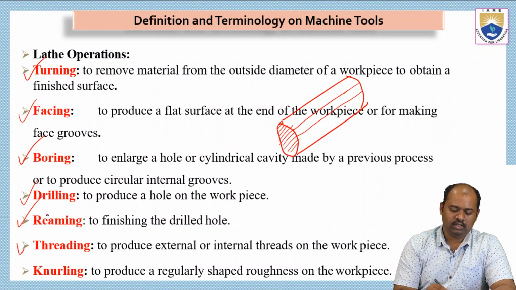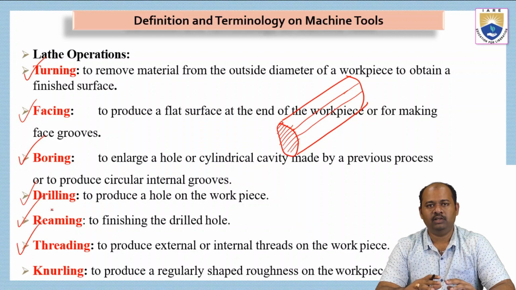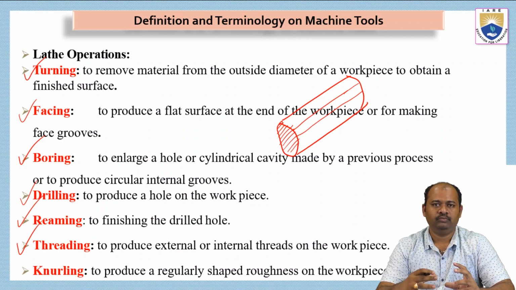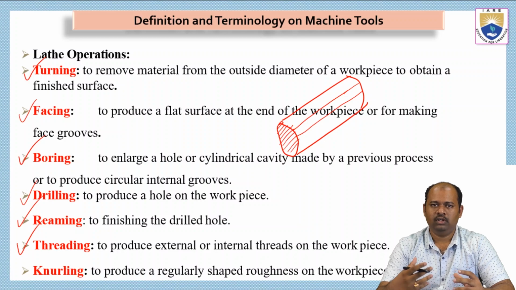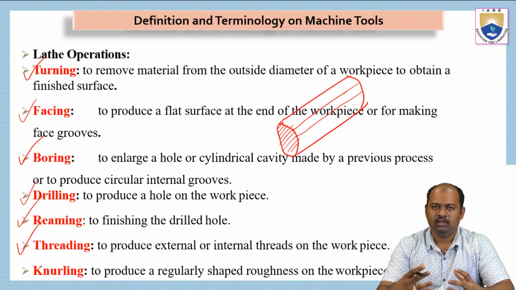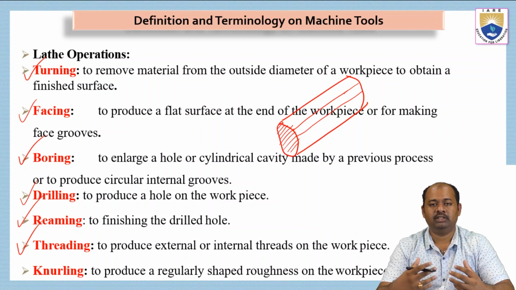And then there is the threading process. Threading is a process used to create external or internal threads on a cylindrical body. If we want to lock two mechanical elements, we use nuts and bolts. These nuts and bolts are manufactured with the help of the threading operation.